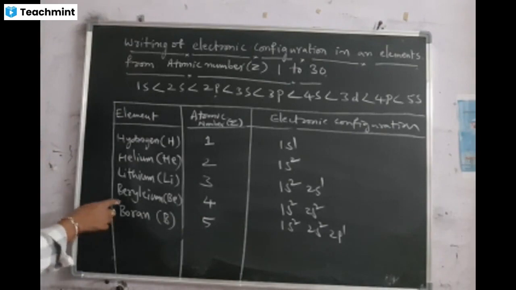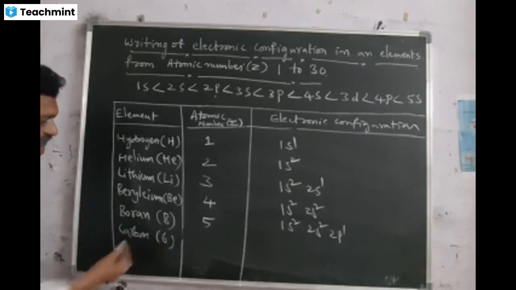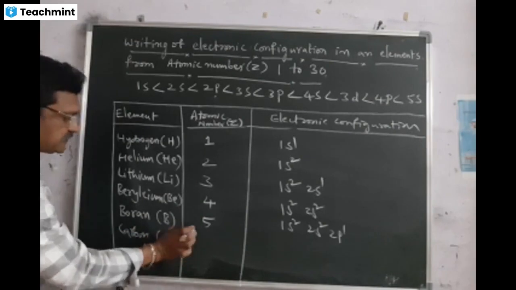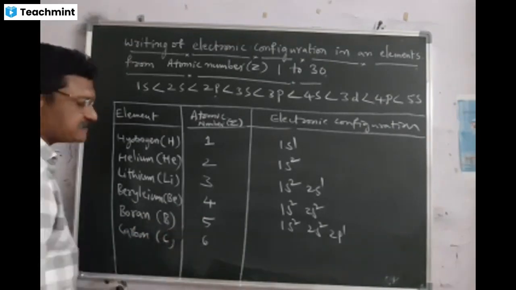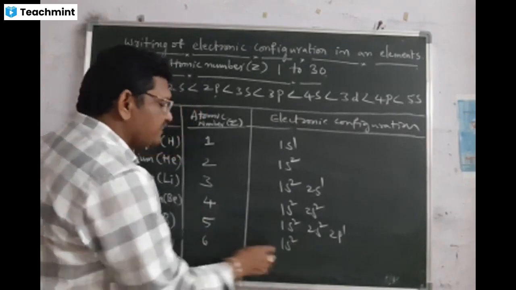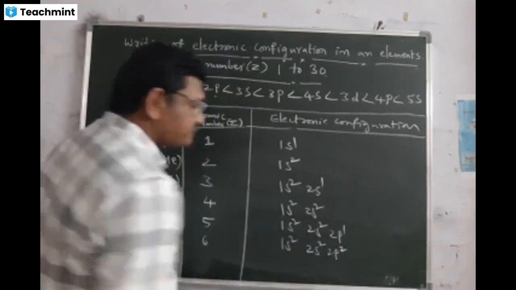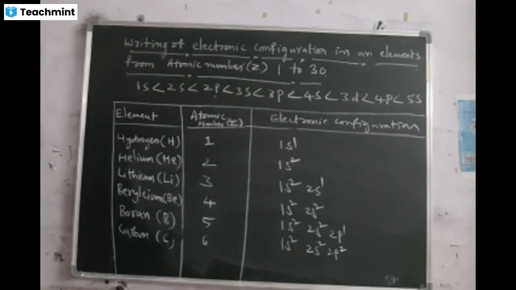Okay. After boron, the next element is carbon. Symbol is C. Atomic number is 6. That means 6 electrons are there. So you write the configuration of carbon like this: 1s2, 2s2, 2p2.